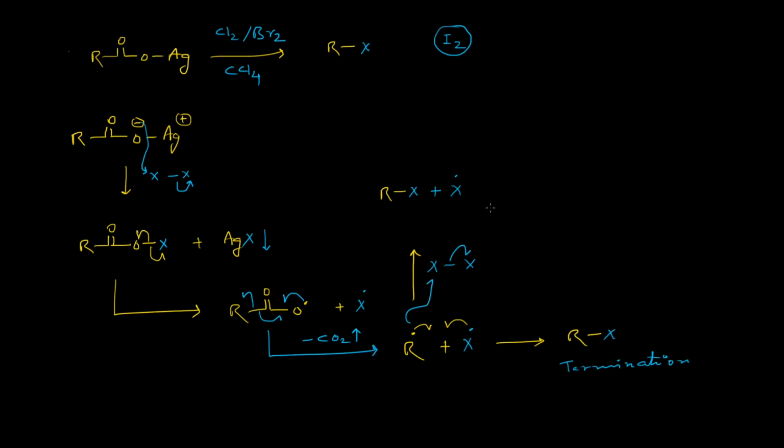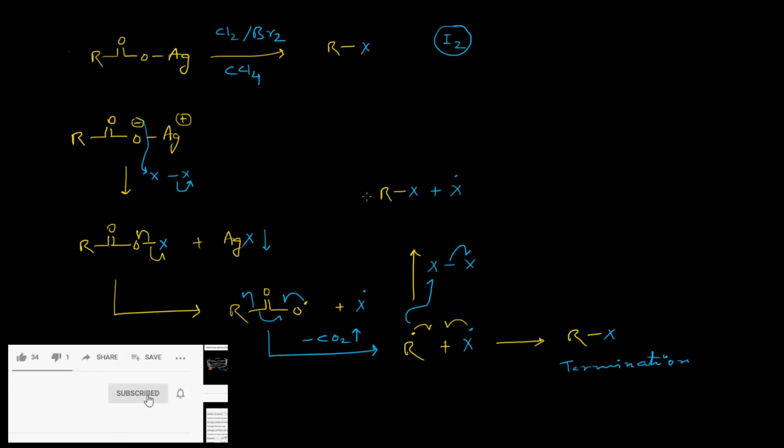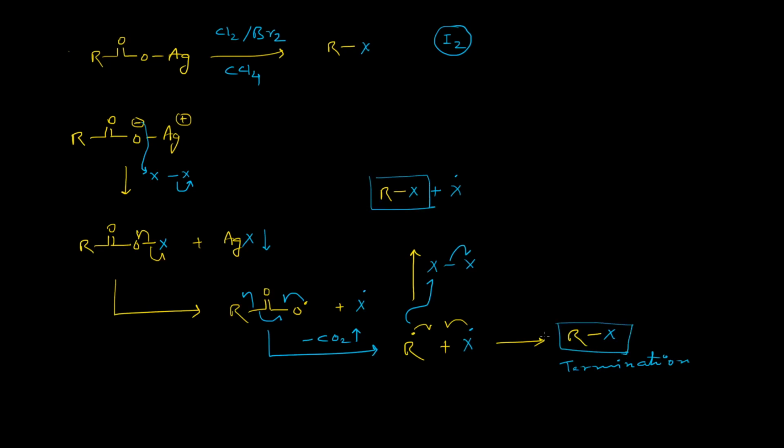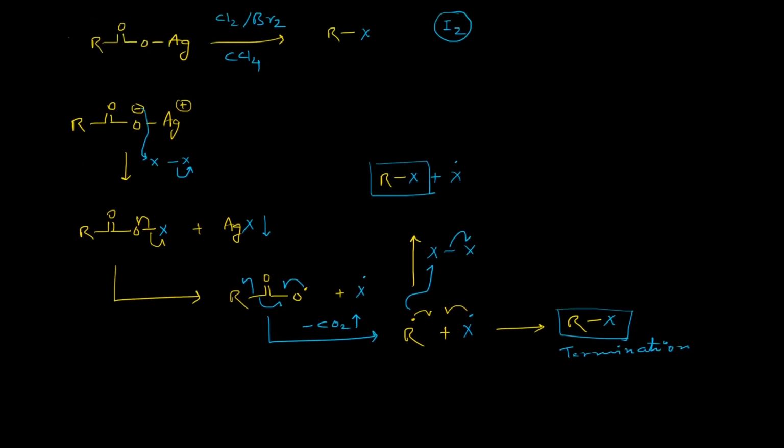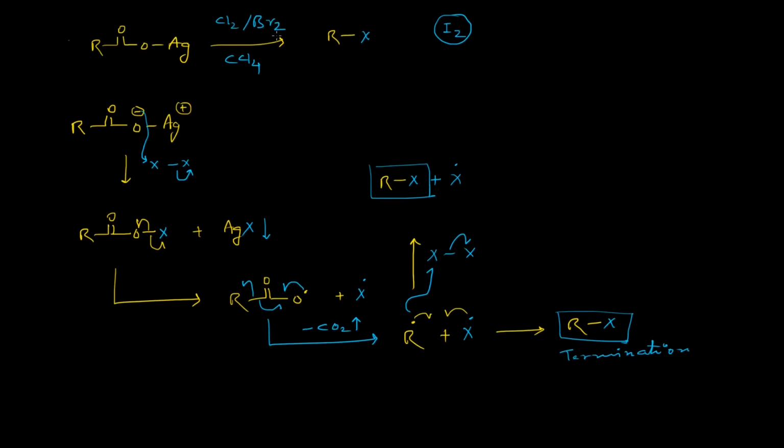Right? So this is basically the Hunsdiecker reaction mechanism. This is one step where the alkyl halide is forming, and this is another step. So this reaction is basically applicable when chlorine and bromine are present in the reaction mixture.